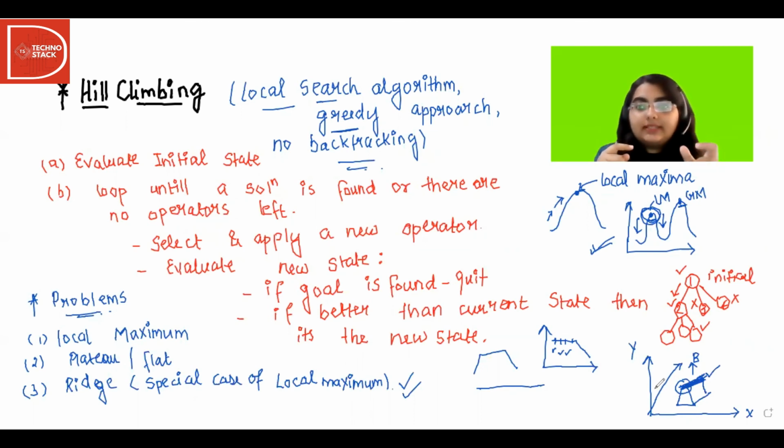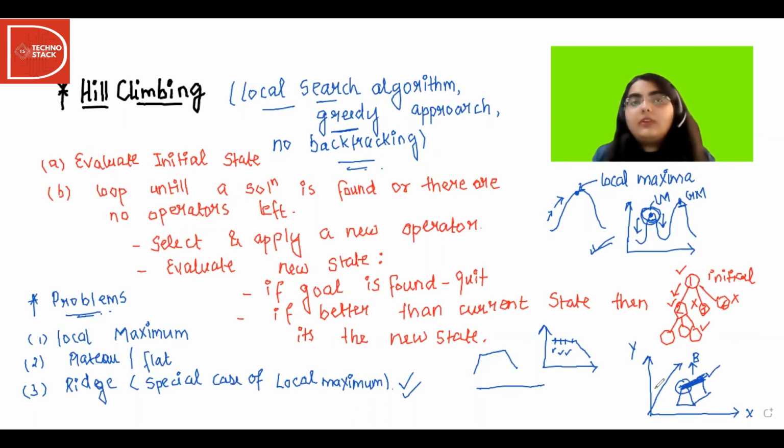Otherwise, if the next state is better than the current state, then the next state becomes the current state. Step by step, we climb the hill. If we reach the local maximum of the hill, we quit the algorithm because we found the local maximum. It will find a solution, but not the optimum solution.